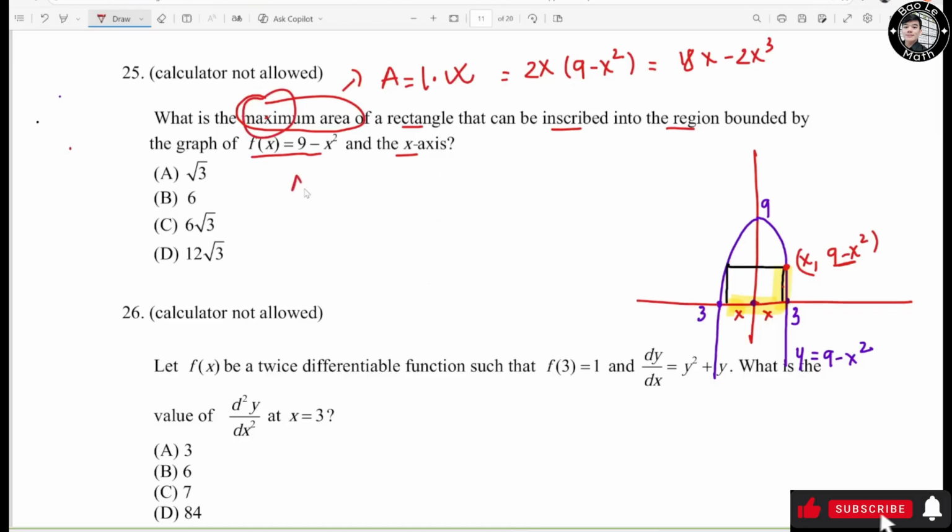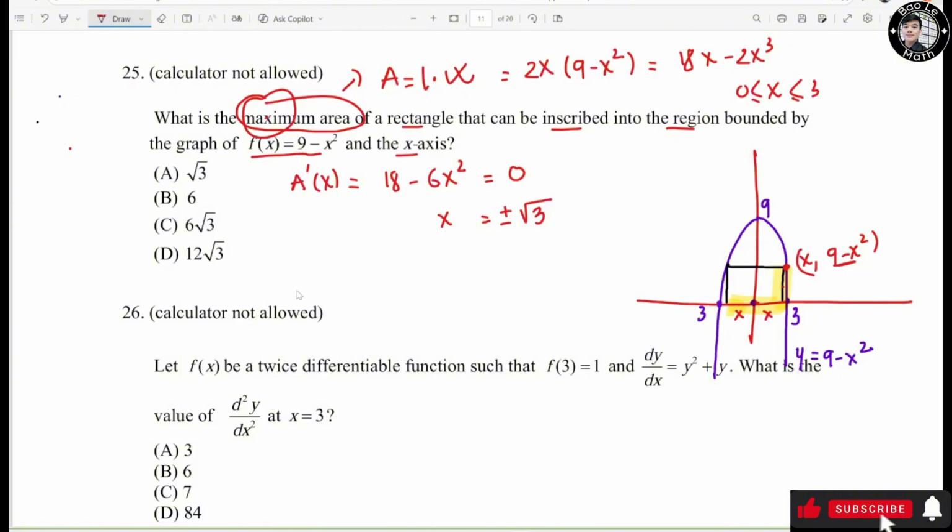So we have A prime of s equals 18 minus 6s squared. We need to find the critical number, so we let this one equal 0, and then you have s equals plus and minus square root of 3. Remember, the domain of s should be between 0 and 3.